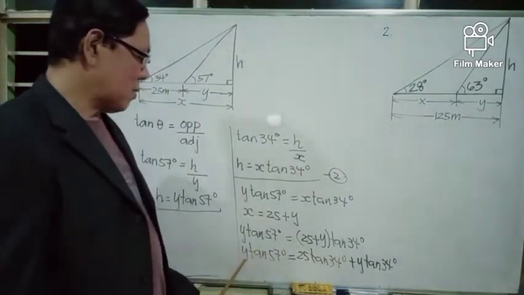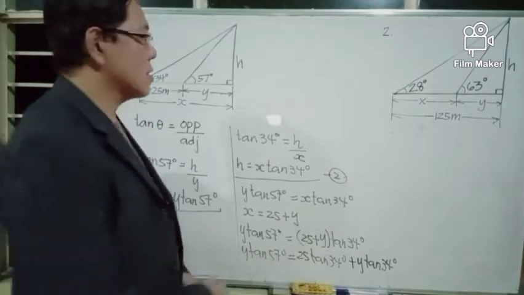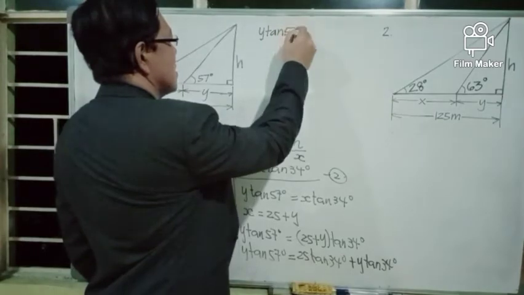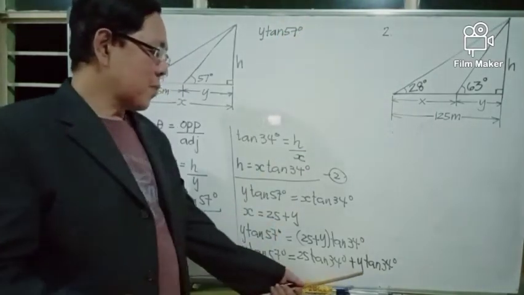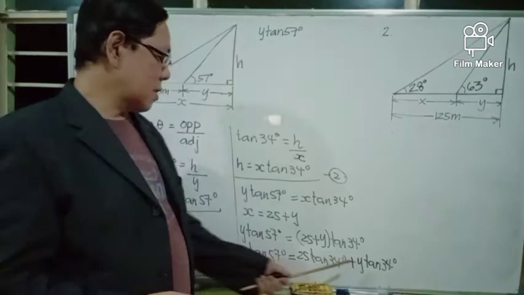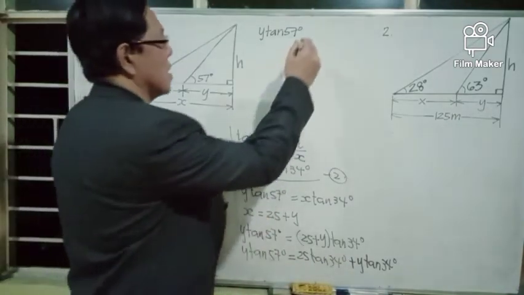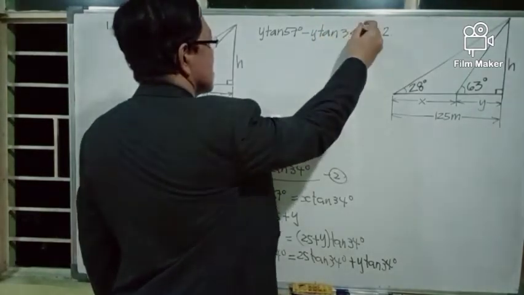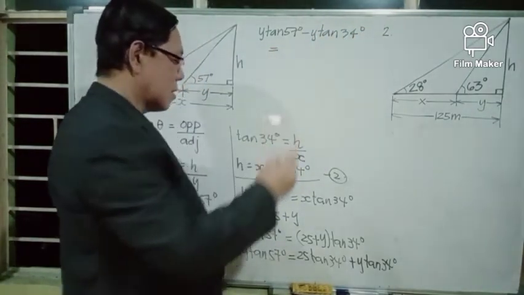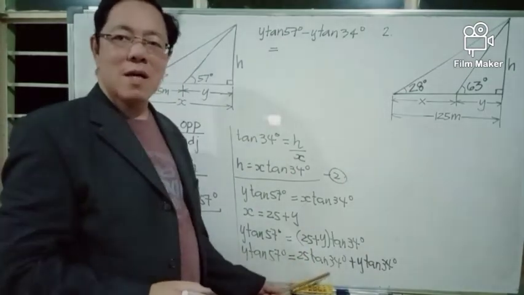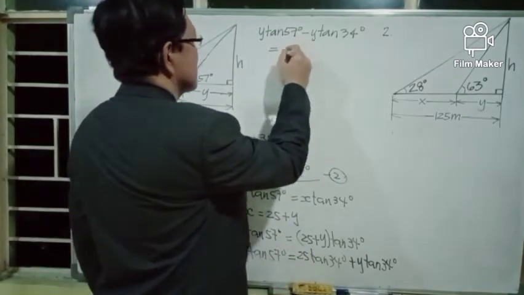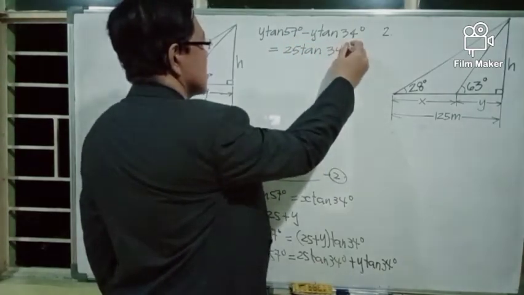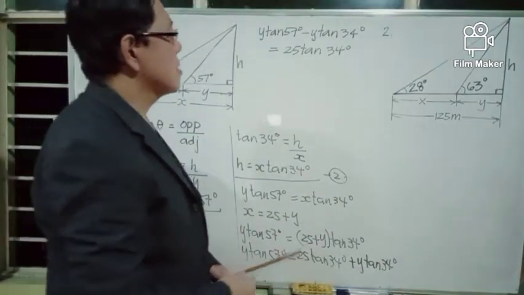At the left hand side, we have y tangent of 57 degrees. Transpose positive y tangent 34 degrees to the left, it becomes minus y tangent of 34 degrees, is equal to 25 times tangent of 34 degrees.